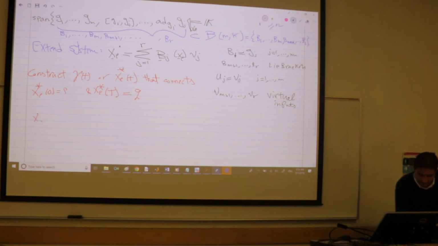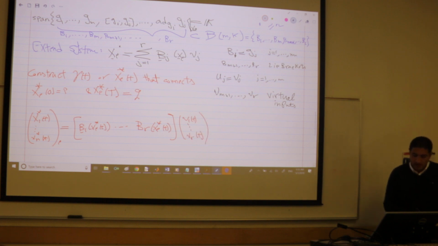This is x1 of t up to xn of t extended, dot. This is equal to b1 of x extended of t up to br of x extended of t, times the v's, v1 up to vr.